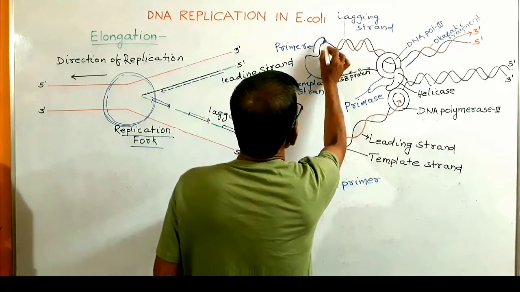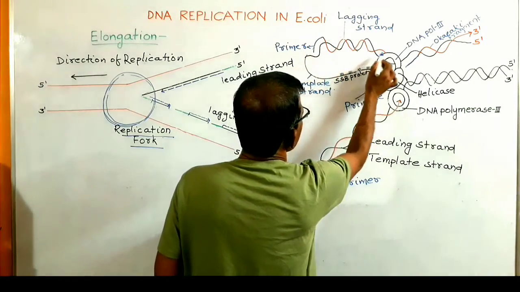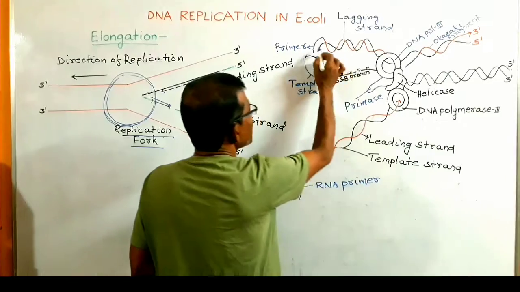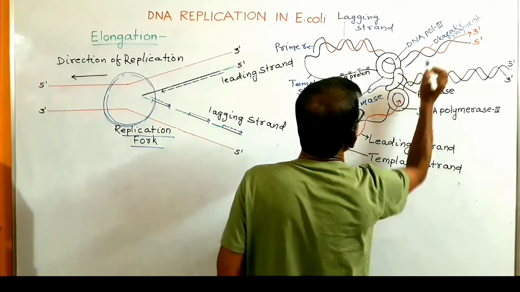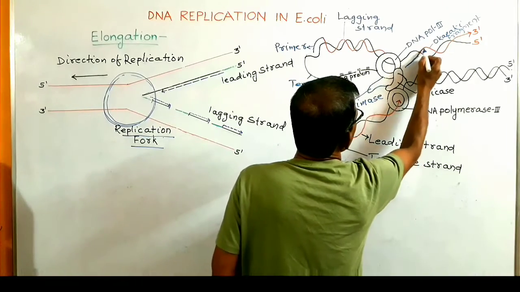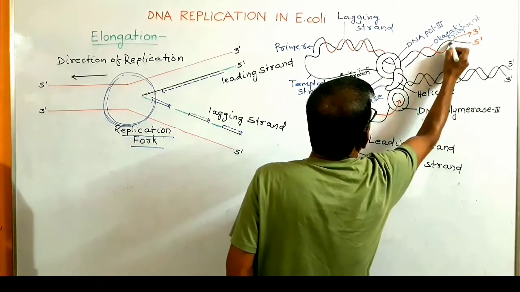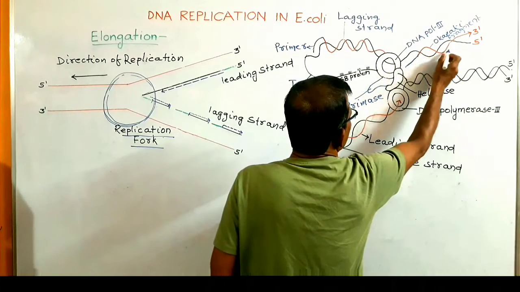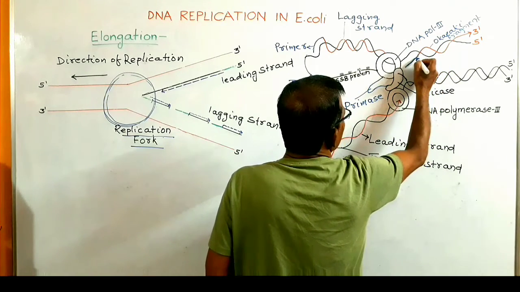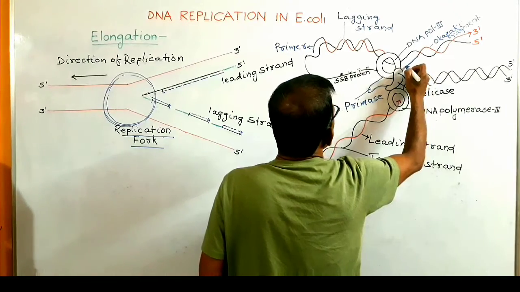Similarly, the synthesis of the lagging strand is discontinuous and it occurs in the form of small fragments known as Okazaki fragments. This red colored strand is an Okazaki fragment and each Okazaki fragment must begin with an RNA primer.